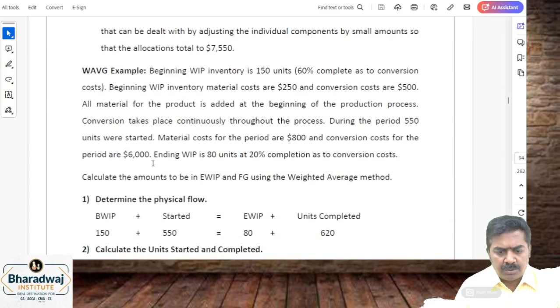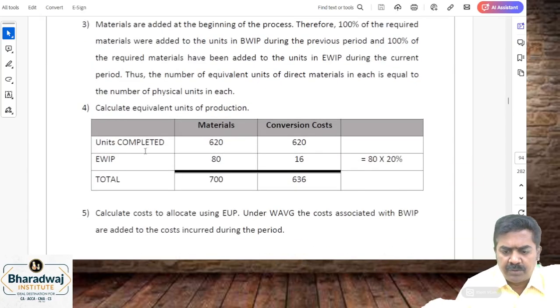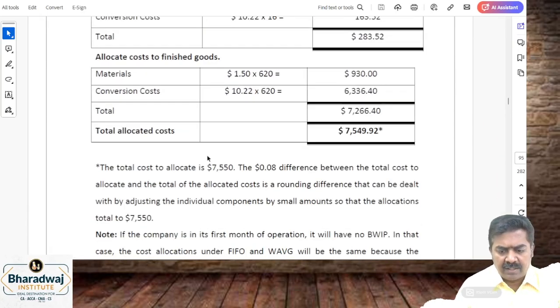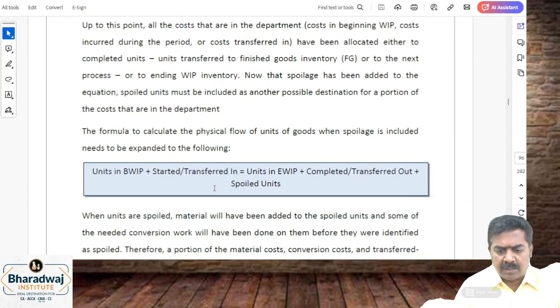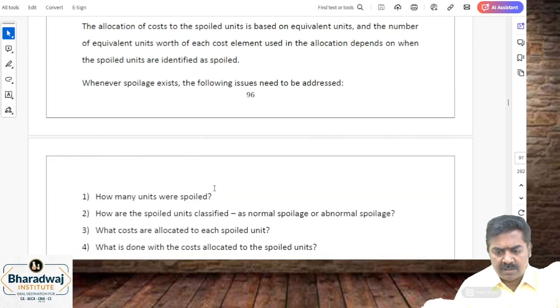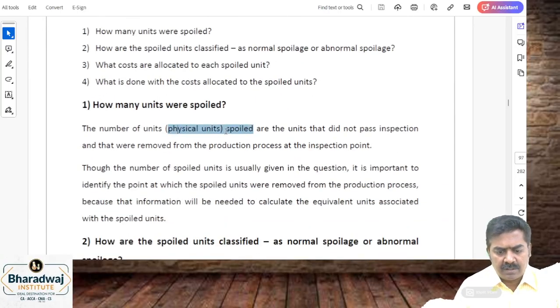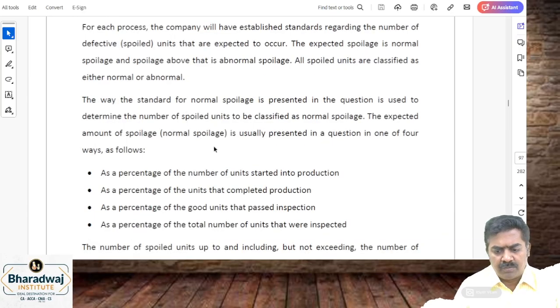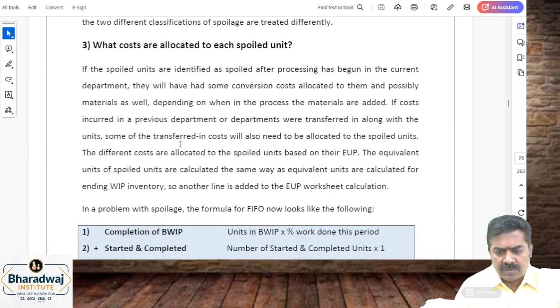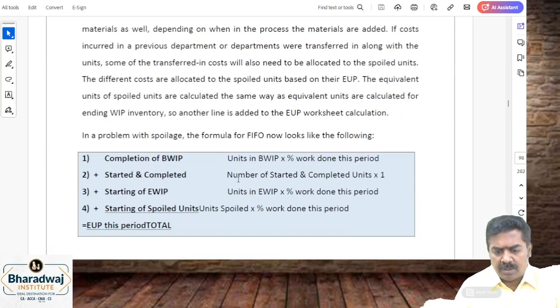I request you to go through those, FIFO method and weighted average method. Spoilage in process is nothing but normal loss or abnormal loss. Clear? Physical units, normal loss and abnormal loss also we have seen.